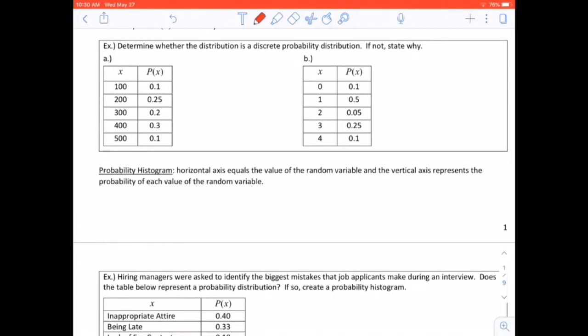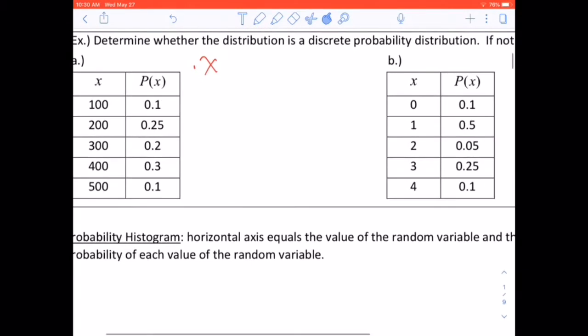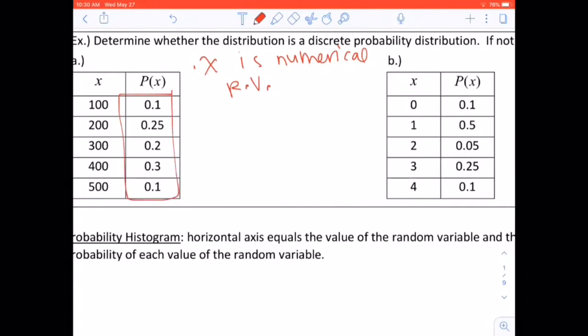The first thing that you have to check is that x is a numerical random variable, and for this problem x is numerical. We have 100, 200, 300, and so on. The next thing to check is that the sum of all the probabilities, so if we were to add up all of these numbers, has to equal 1.